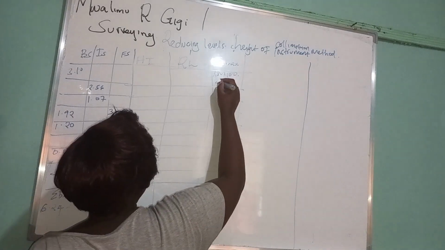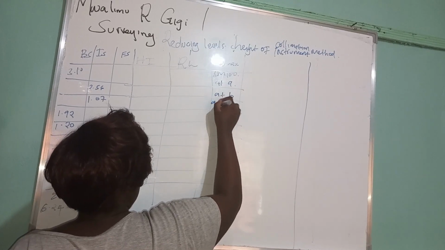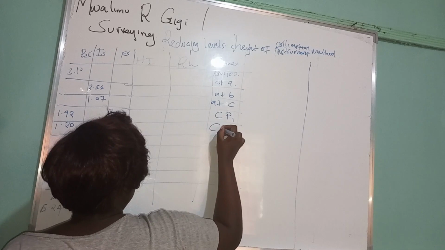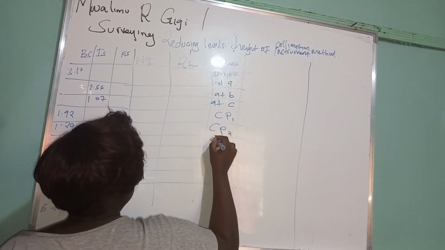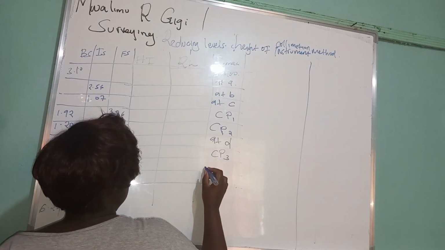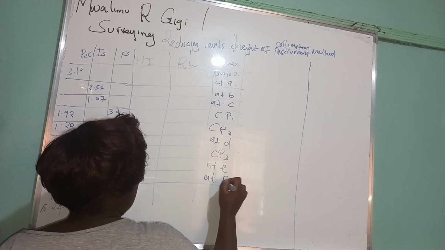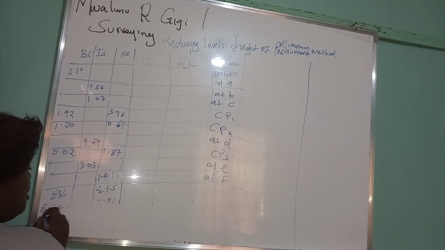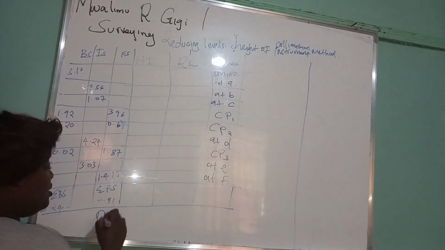So this is point A, point B, point C, then we have change point 1, then change point 2, then point D, then change point 3, then E, then lastly F. So what was our formula for finding reduced level?